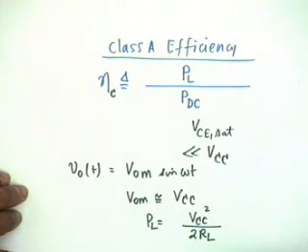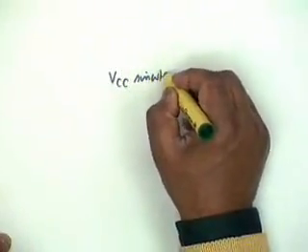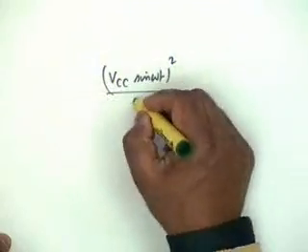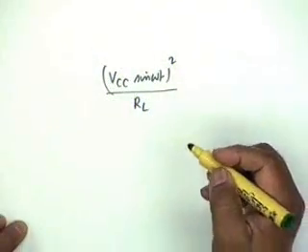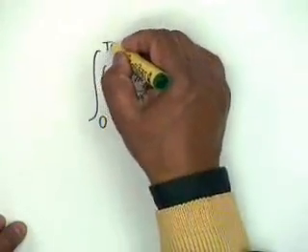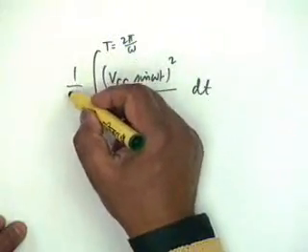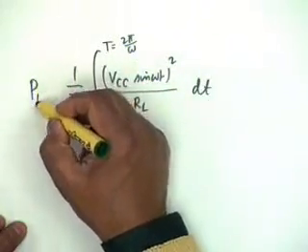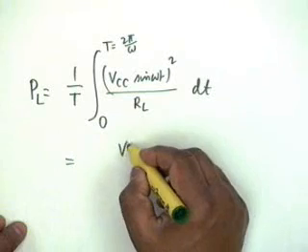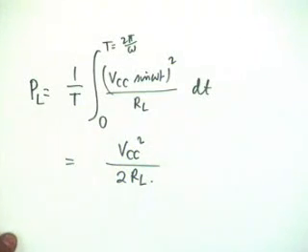If you are not convinced, you calculate it out: VCC sine omega t whole squared divided by RL is the instantaneous value. Integrate from 0 to capital T, which is 2 pi by omega, and divide by capital T. This is PL, and you can verify that it is equal to VCC squared divided by 2RL.